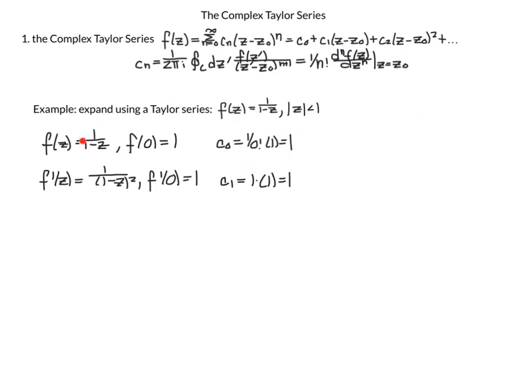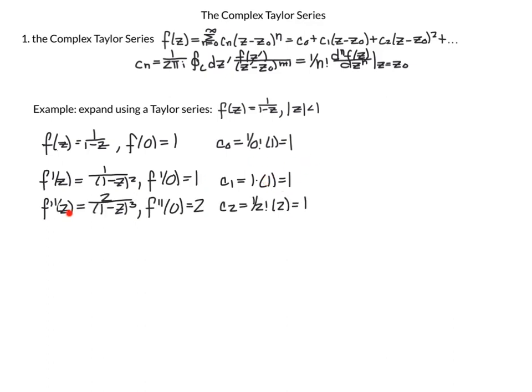Our first derivative of this function now is 1 over 1 minus z squared. So the first derivative evaluated at 0 is also going to be 1. So c1 is now 1 over 1 factorial, which is just 1, times the first derivative of f evaluated at z0, which is 1, so we still get 1.